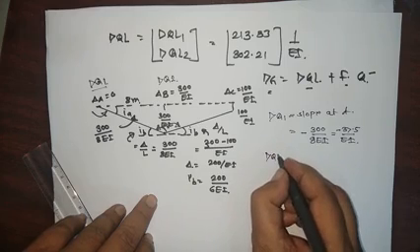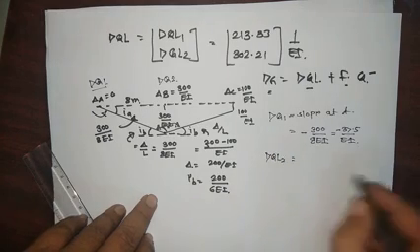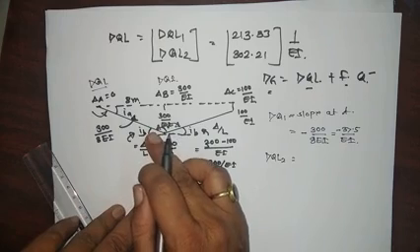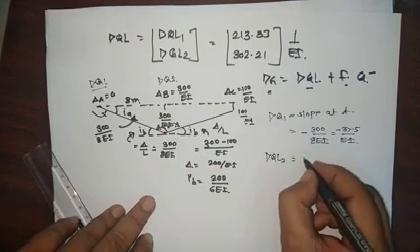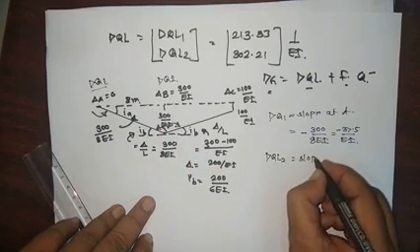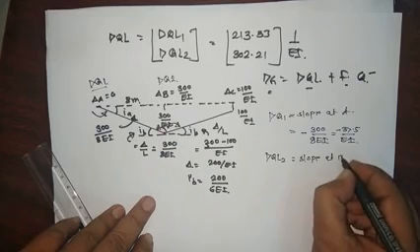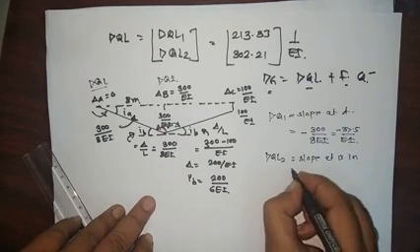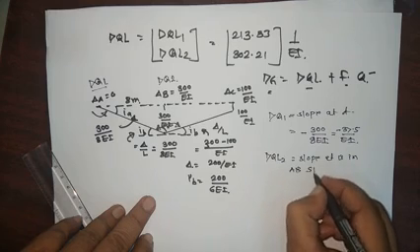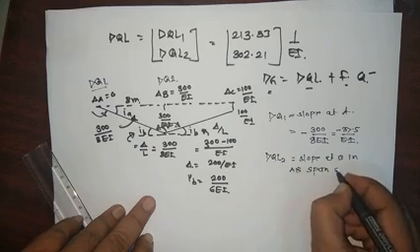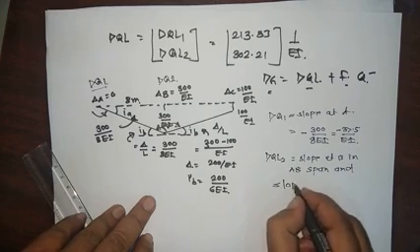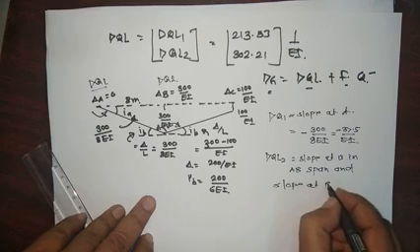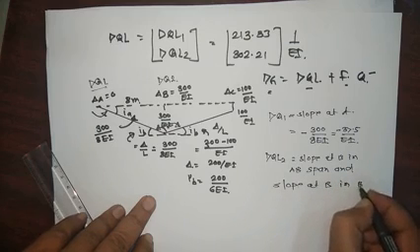Then DQ2, that is what? It is the slope at B in the AB span and the slope at B in the BC span.